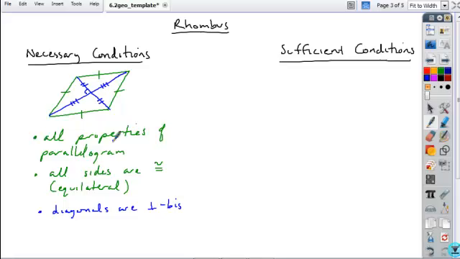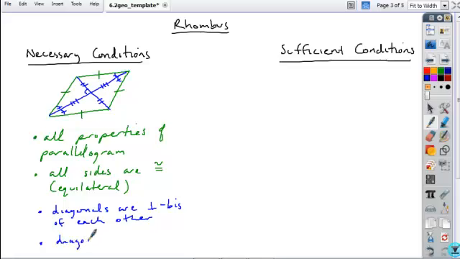The part of being bisectors is already embedded within the definition of it being a parallelogram, but the diagonals are going to be perpendicular bisectors of each other. Okay, and then the final property again has to do with the diagonals, and that is when these diagonals intersect these opposite angles, they're going to cut those angles into two equal pieces. So each of the diagonals will bisect the opposite angles.